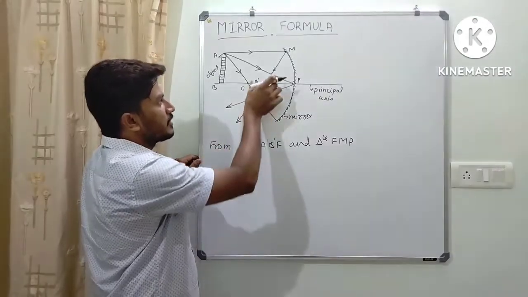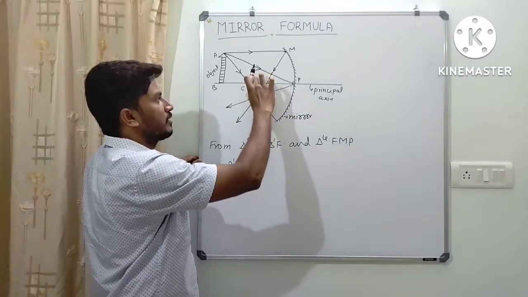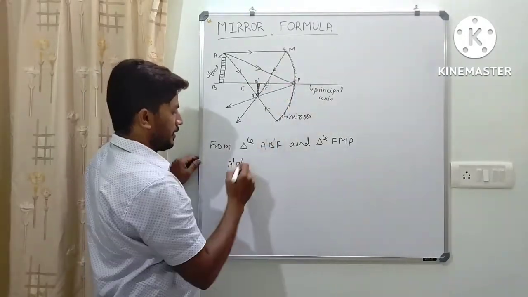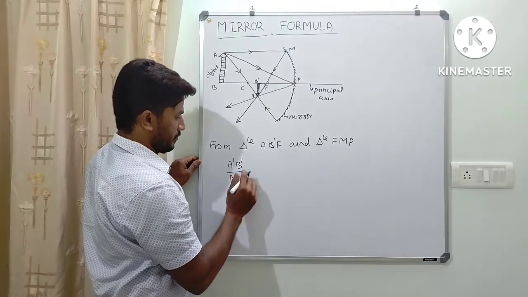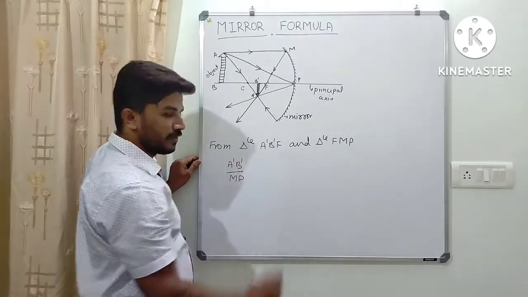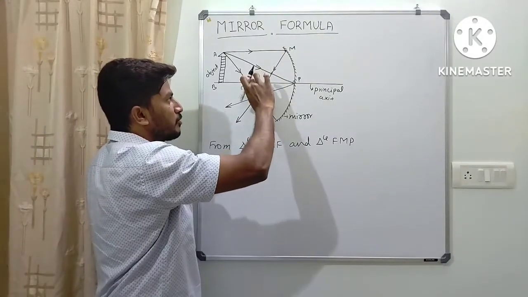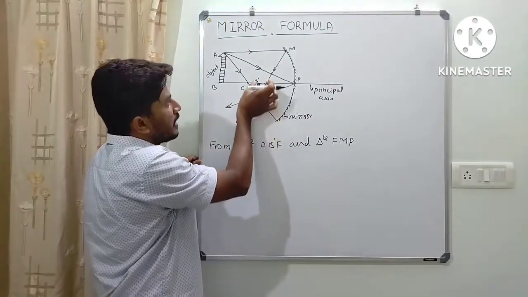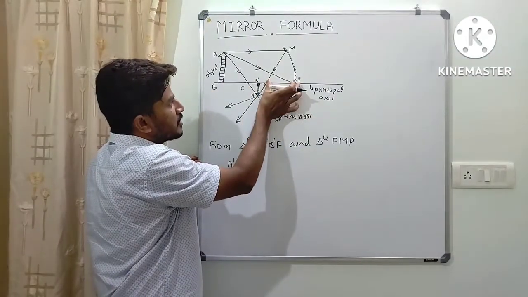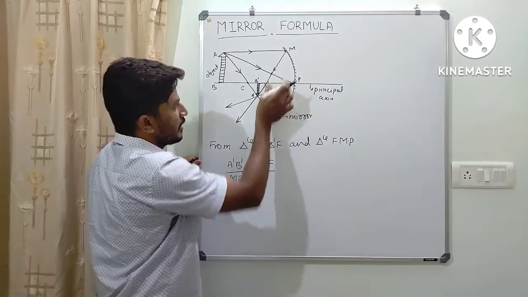Then can I write A dash B dash divided by MP? This height divided by this height, or this opposite side divided by this opposite side, is equal to this adjacent divided by this adjacent, that is B dash F divided by FP.